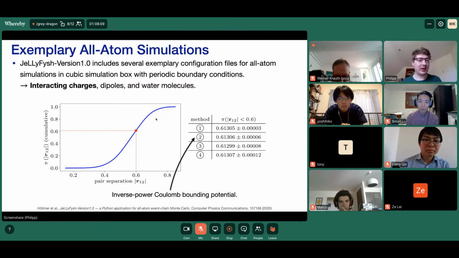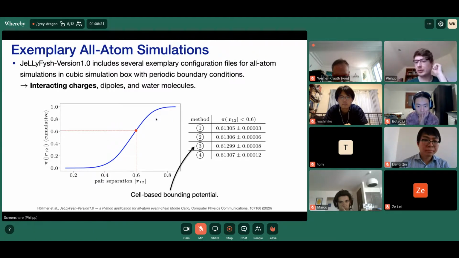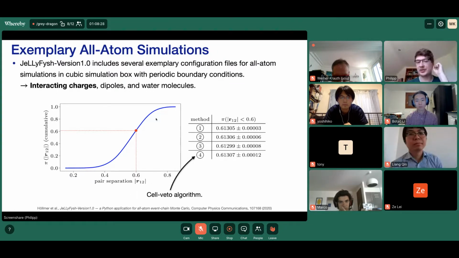The second one is exactly the simulation we just ran, which uses an inverse power Coulomb bounding potential to treat the Coulomb factor. The third method is where we use the cell-based bounding potential instead. And this is the intermediate step to finally treat the Coulomb interaction by the cell-veto algorithm in the fourth method.